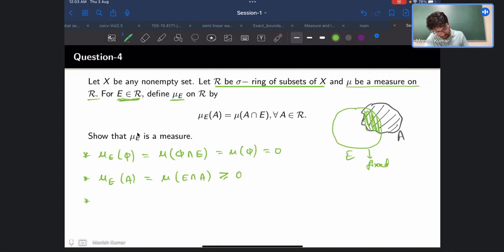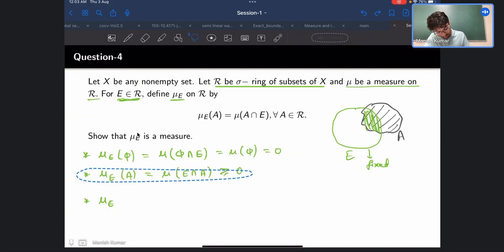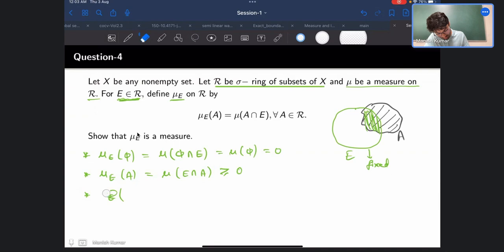The third property, or rather the definition required for defining a measure, is countable additivity. So suppose you have A_i pairwise disjoint.